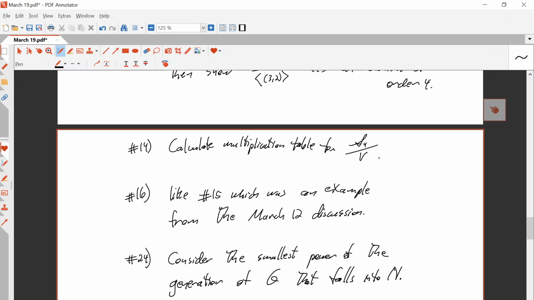So if G is a cyclic group and N is any subgroup, you're trying to show that G mod N is cyclic.